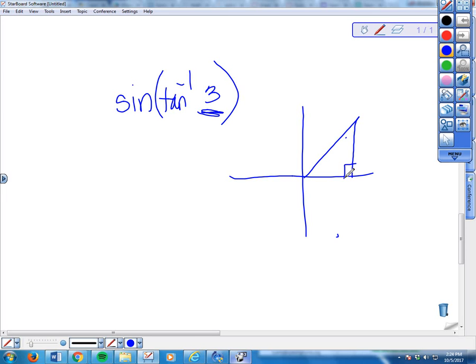Opposite over adjacent, and that has to be 3. What's the hypotenuse? Three squared plus 1 is 10. Square root of 10. Pythagorean theorem.